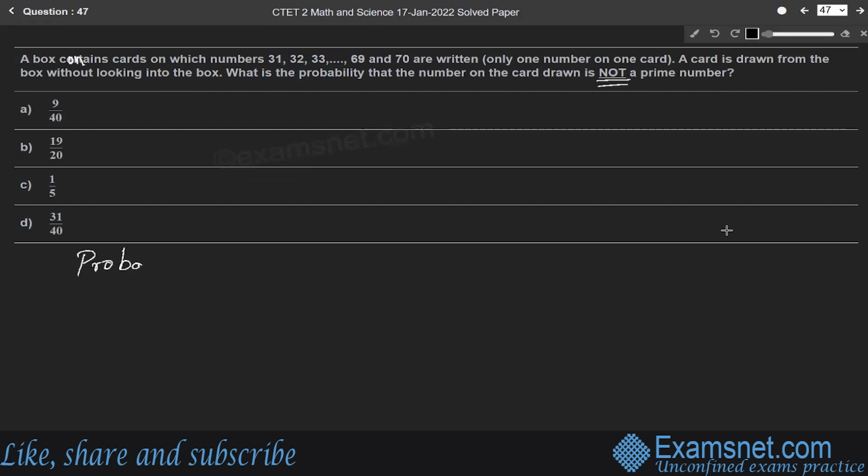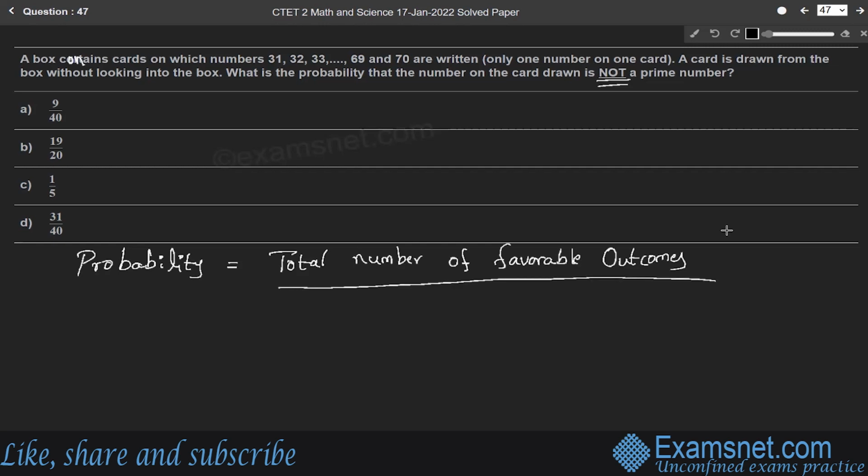Probability is equal to total number of favorable outcomes divided by total number of outcomes.